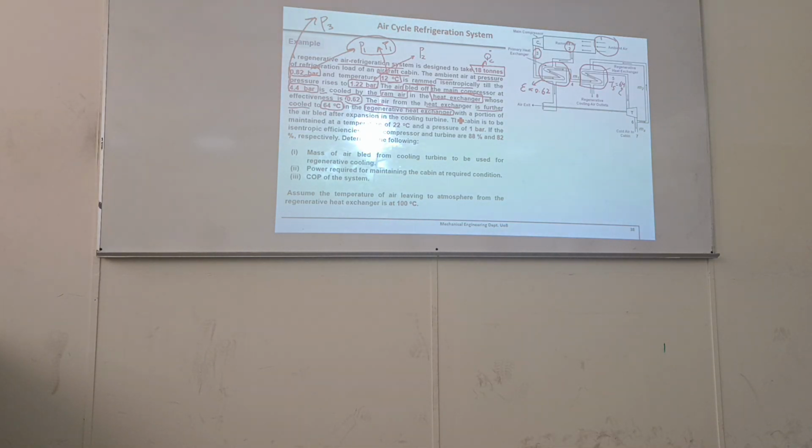How is it cooled? With a portion of the air bled after expansion in the cooling turbine, with this air which was taken out from the turbine. With this air, it is cooled from point 4 to point 5. Point 4 temperature we do not know yet, but point 5 temperature is given as 64.